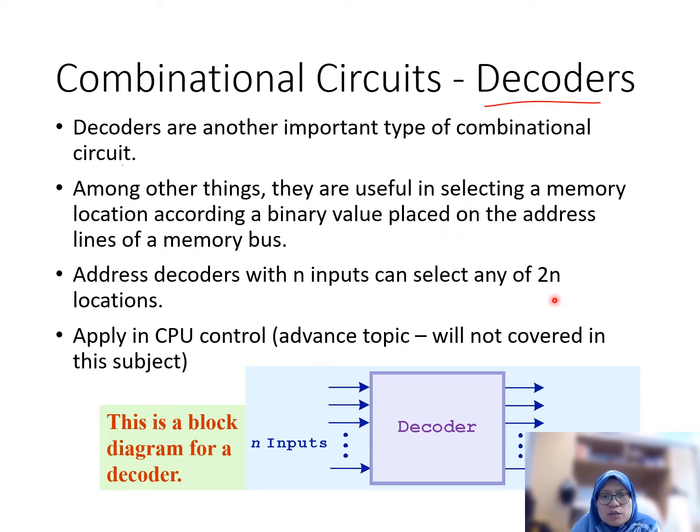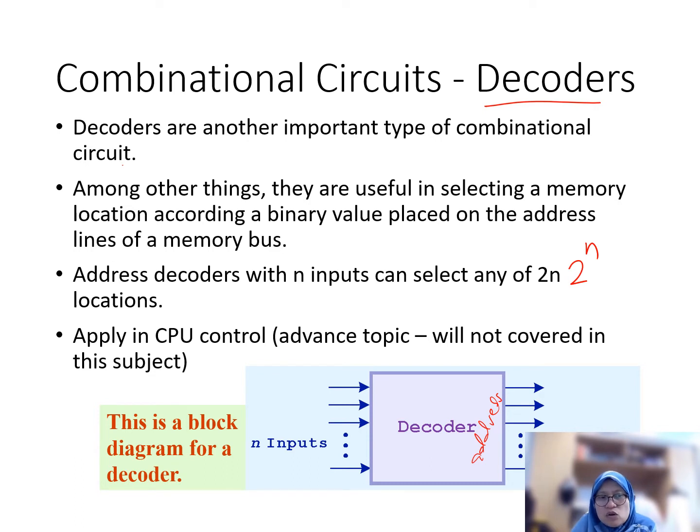Decoders use n inputs and 2 power n outputs. This 2 power of n outputs is the location or the address in the system bus.